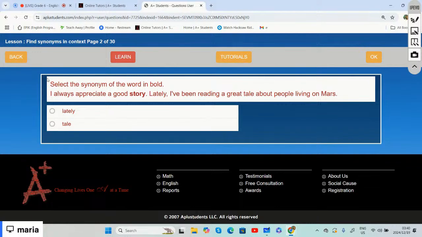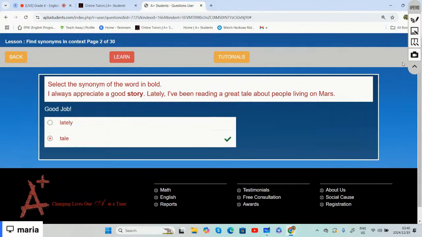All right. And if we were to choose the word that's the same as or almost the same as story, then yes, option two, a story is also a tale. Well done.